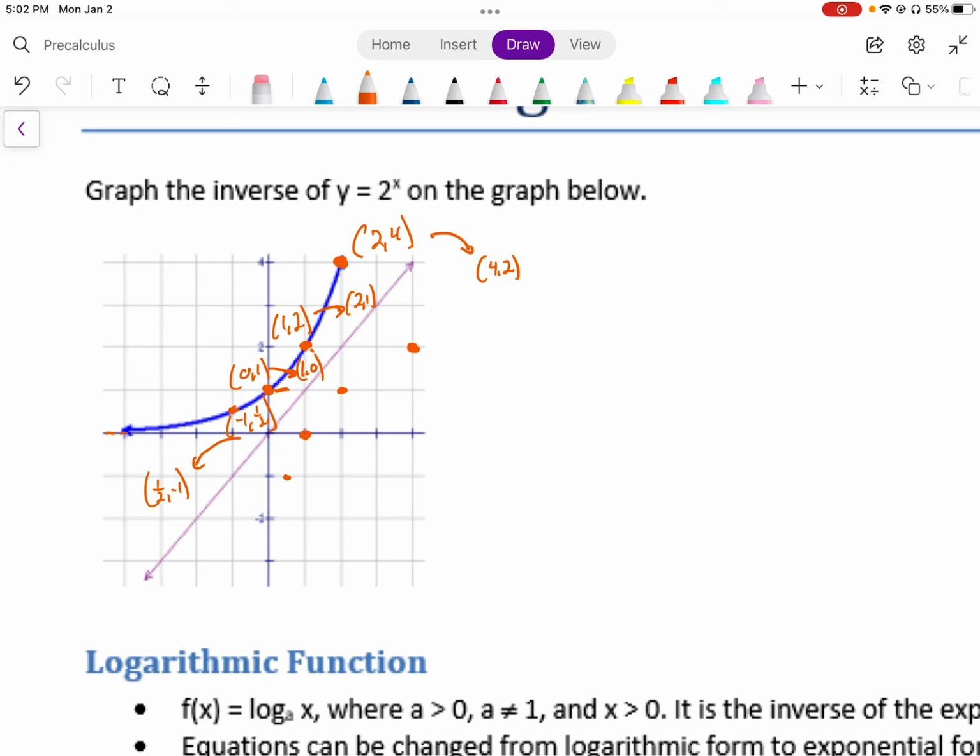Also, notice we had a horizontal asymptote at y equals 0. Well, if we switch our x's and y's, instead of having a horizontal asymptote at y equals 0, we'll actually have a vertical asymptote at x equals 0. And so we can see that the graph of the inverse would look like this.